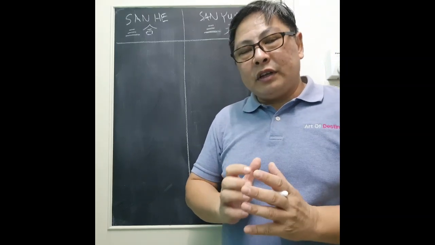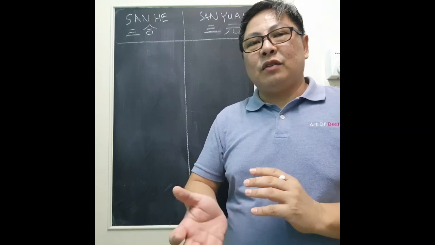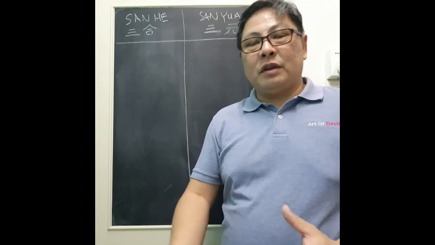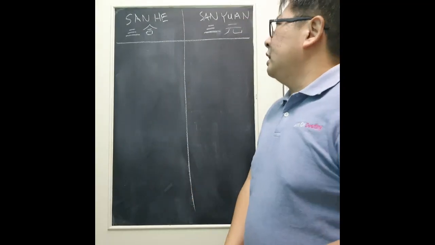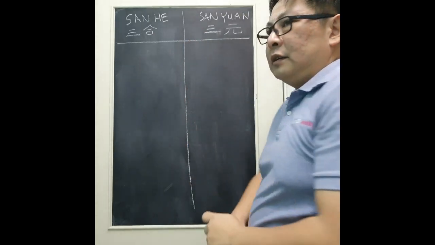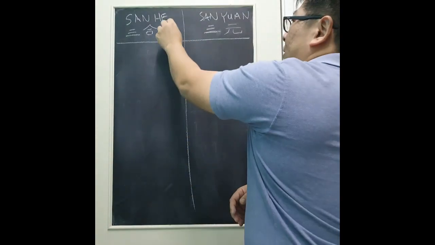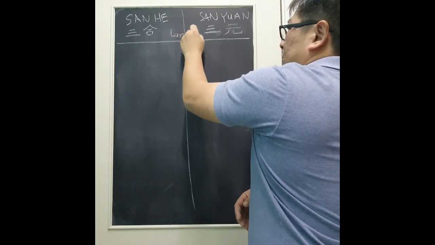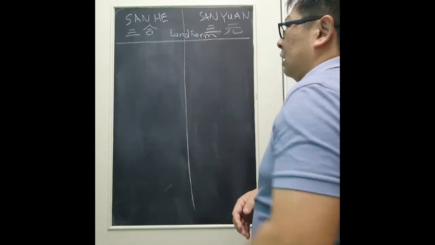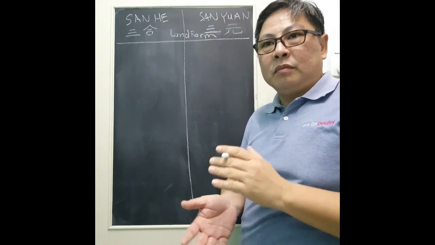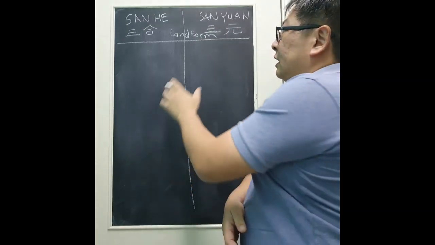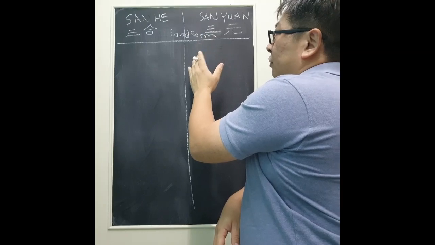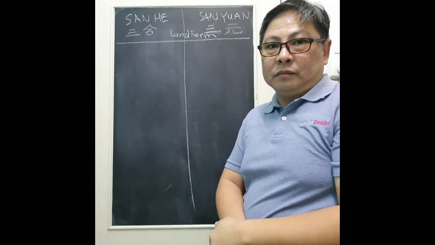So primarily, what are the differences between San Yuan and Sangha practitioners? How would they react differently to the same property? In theory, when it comes to landforms, most of the time they agree, meaning there is only a small variation in the emphasis on landform between Sangha and San Yuan Feng Shui.